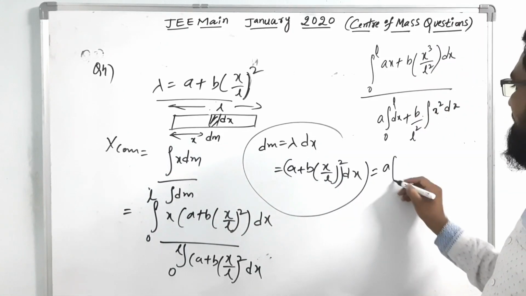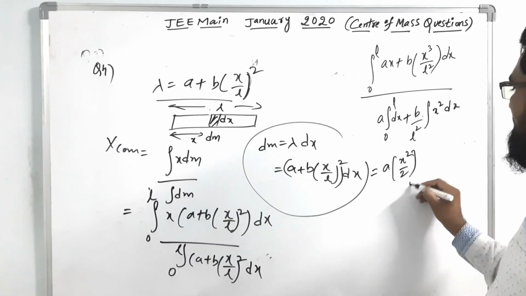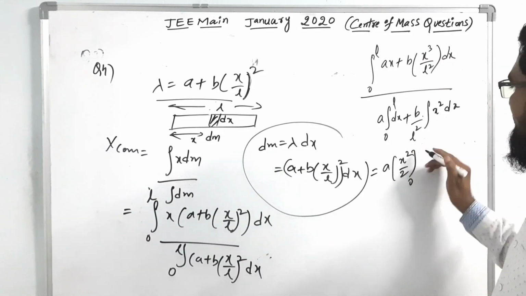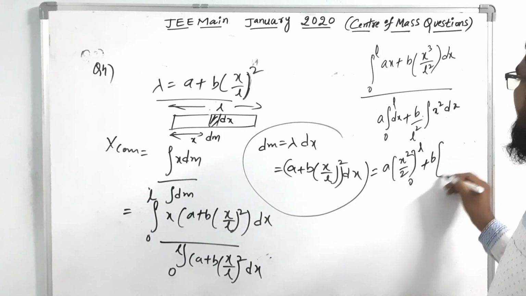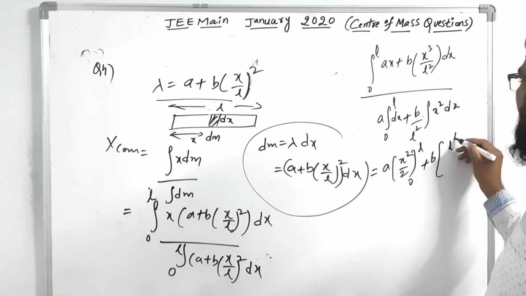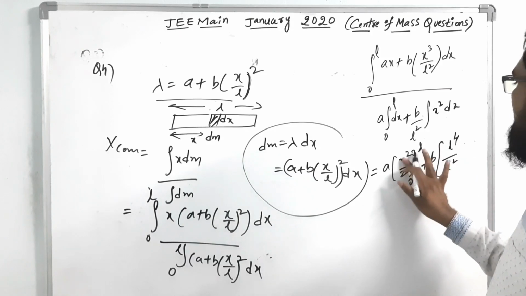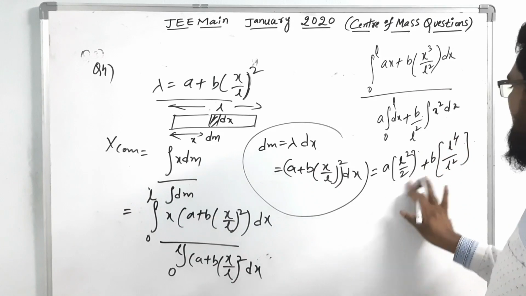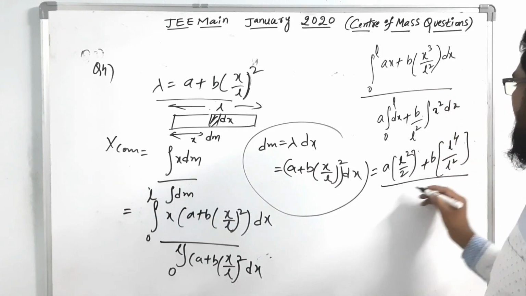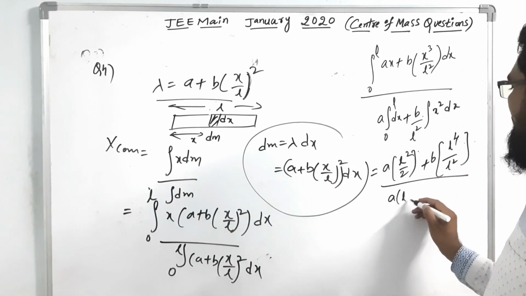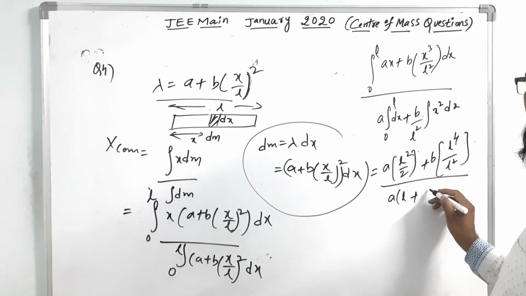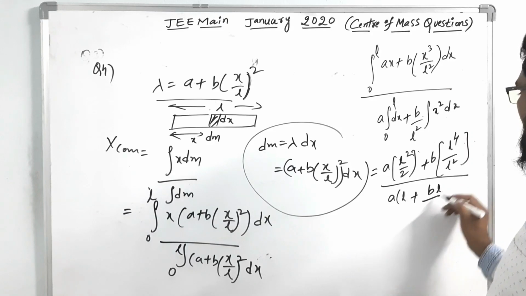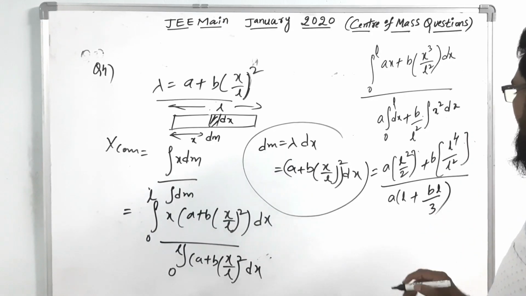So a into x square by 2, limits are 0 to L, plus b into L power 4 by L square, means directly we are substituting here L square, and the limits also substituting here. Finally we are getting a into L plus bL by 3.